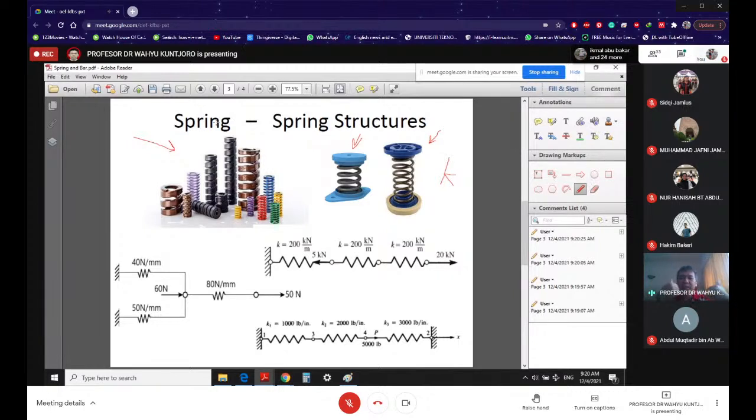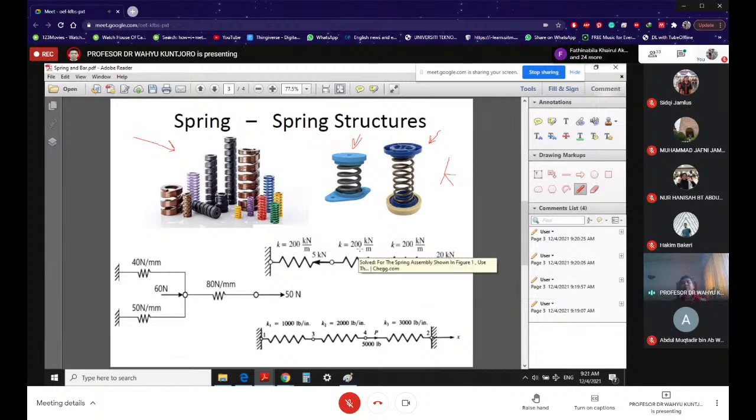Now you imagine that you can connect your springs one to another, and then you can apply the load. Okay, so then you have your spring structures. What you have here, for example, is three springs, and if you read the K here, that means 200,000 Newton per meter each.